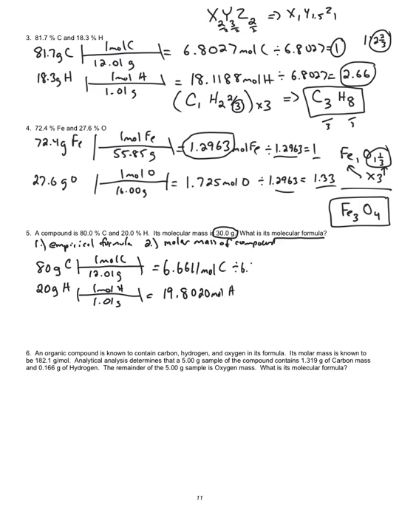We're going to divide each of these by the smallest number. And we get 2.97, and that is definitely close enough to say that that's 3. So we get the empirical formula CH3.